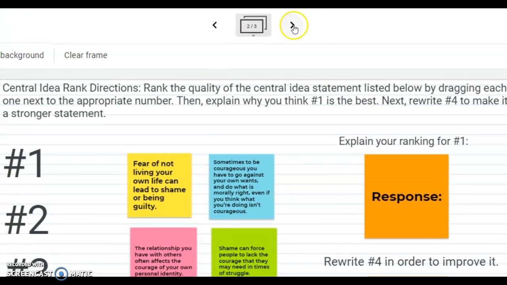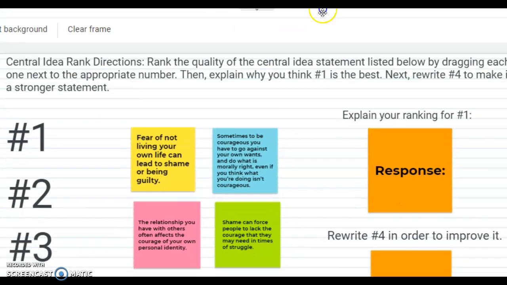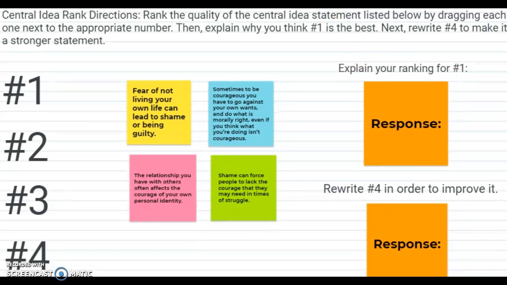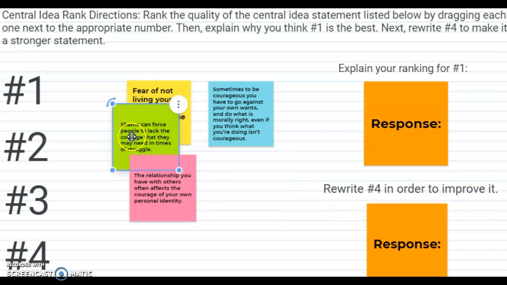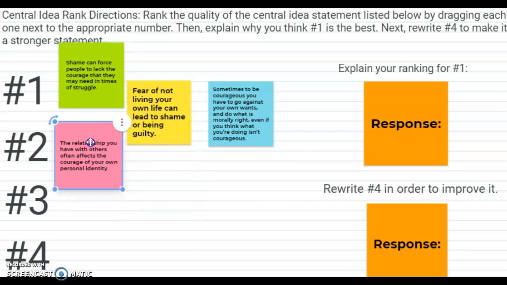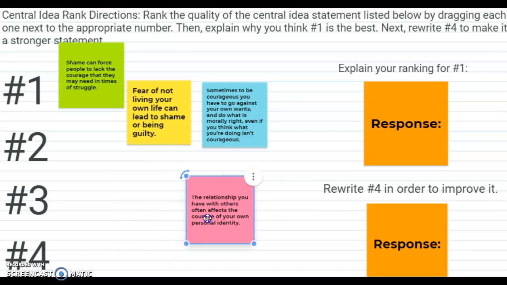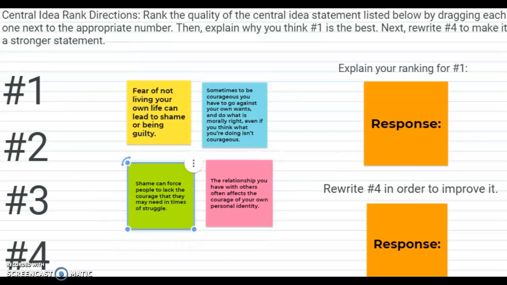On the second slide, and you just get to it by clicking over to next frame, this is a central idea rank activity. So you're going to rank the quality of the central idea statements by dragging each one over to the appropriate number. So the one you think is the best, you would bring to 1, the second best 2, third best 3, and so on. In this column, you're going to explain the reason you ranked the best central idea as the best.